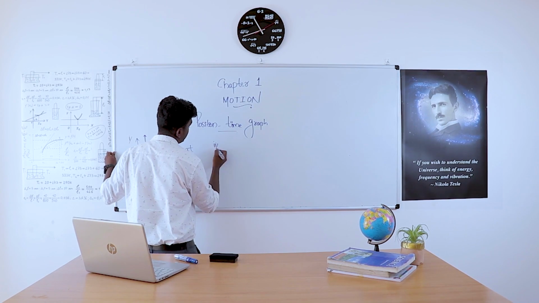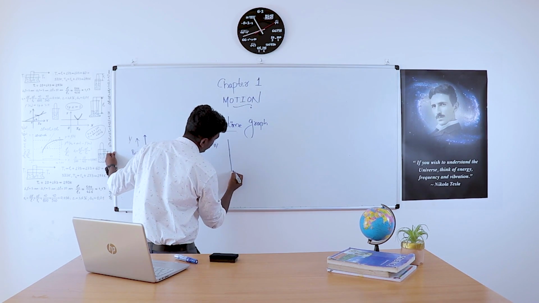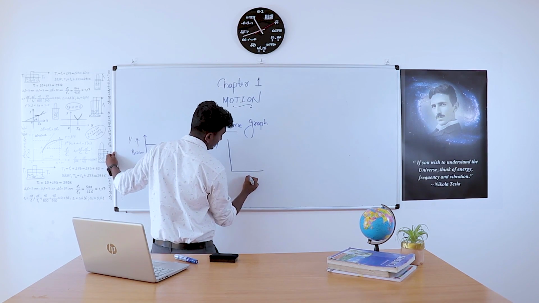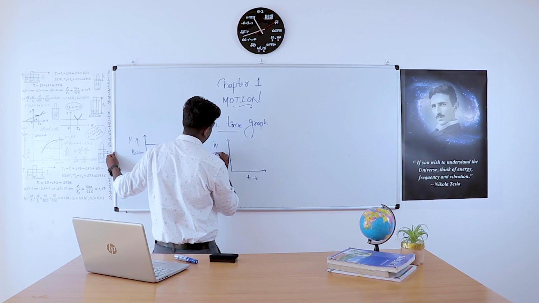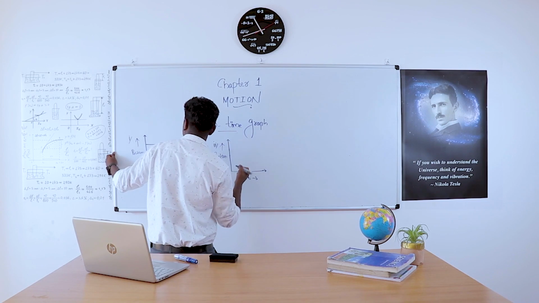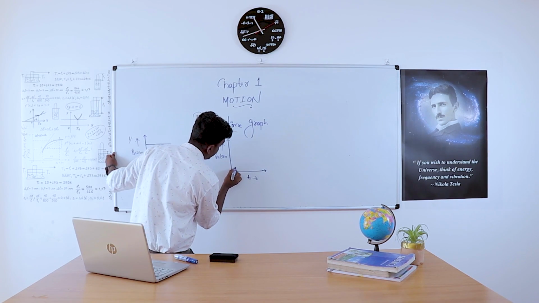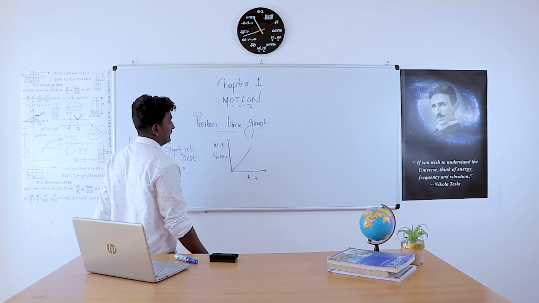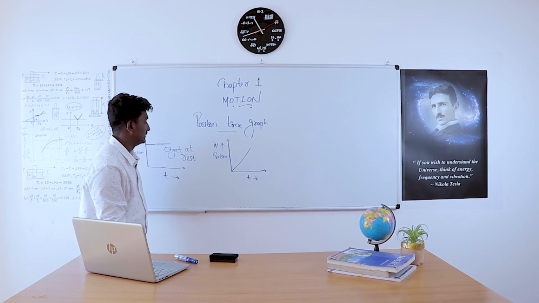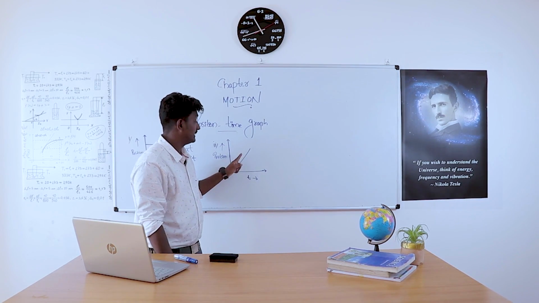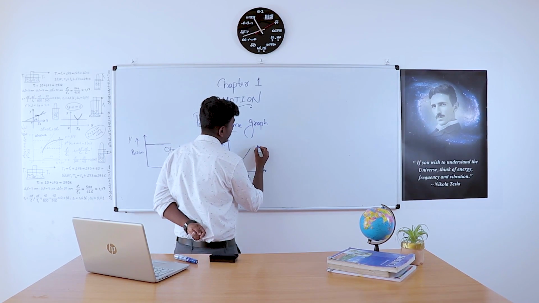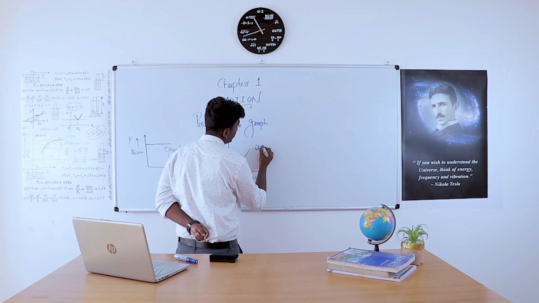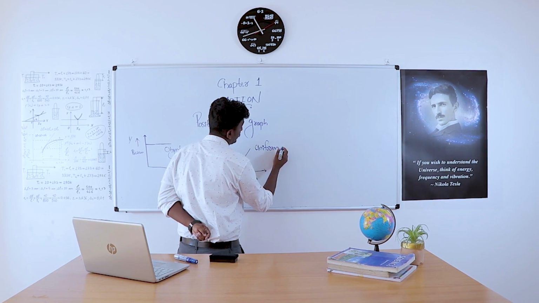Then the second one, I'm drawing a position time graph, time along x-axis, position along y-axis. If we get a graph like this, a straight line starting from the origin, the nature of the graph is object is in uniform motion.